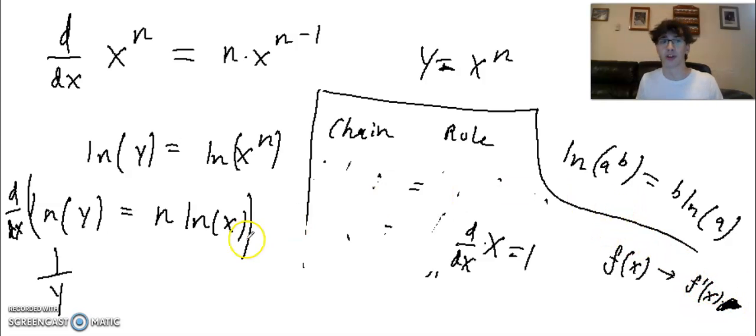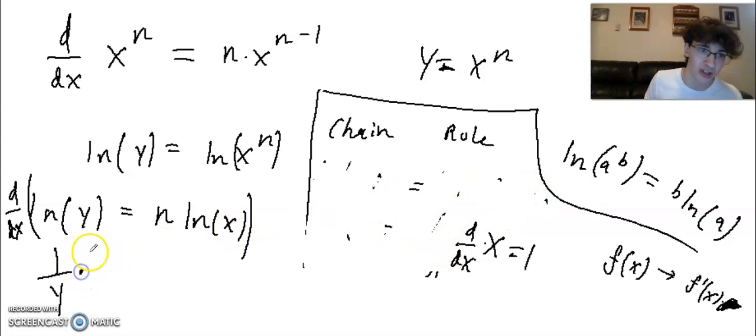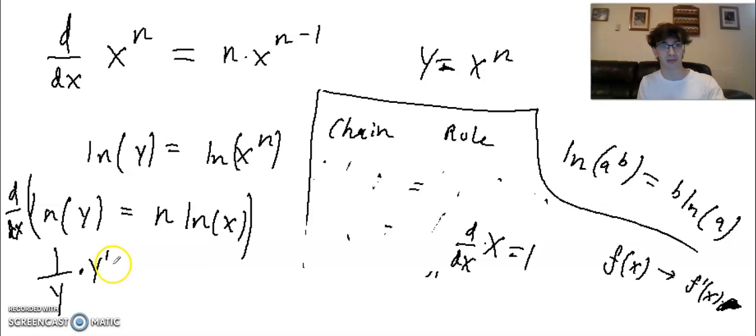It just simplifies, but in this case it doesn't. It will make more sense later. But we need to also multiply by the derivative of the inside in this instance. And because it's not with respect to y, but rather with respect to x, it doesn't just simplify to 1.